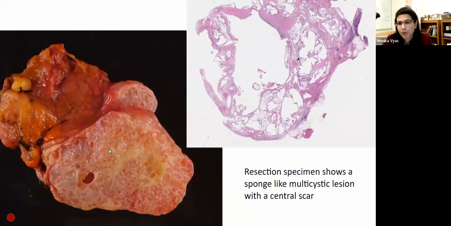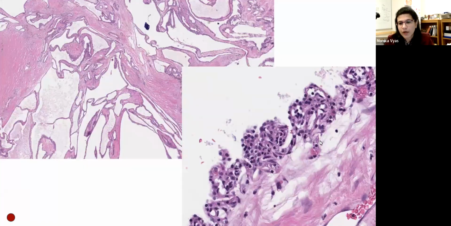They almost look like sponges, one might say, and often have a central scar. And sections from this show back-to-back cysts with very thin fibrous walls between them, and often some areas of scarring. And then the lining, as described, is very bland cuboidal epithelial cells.